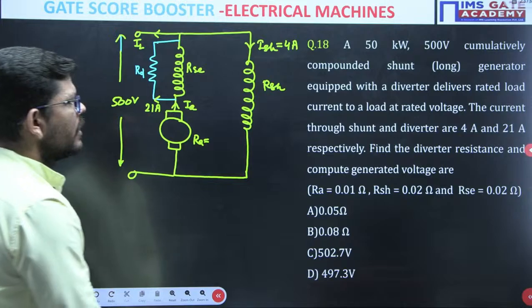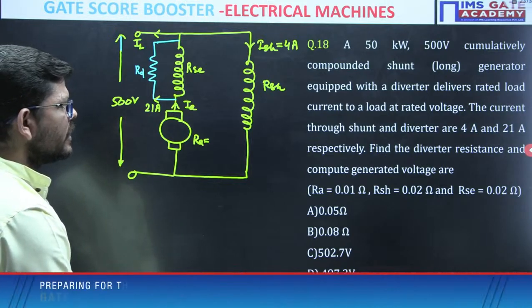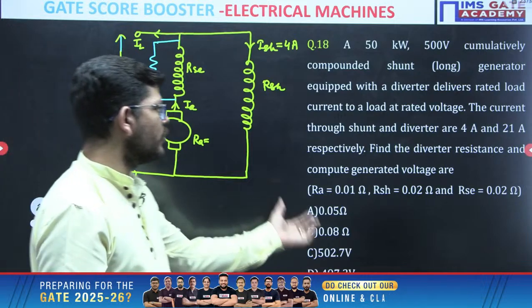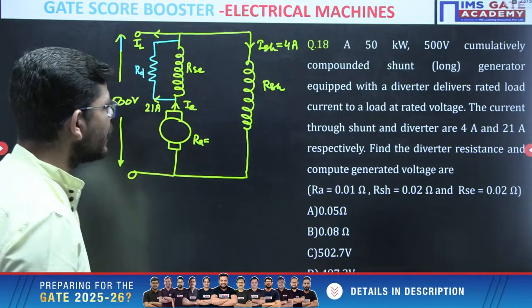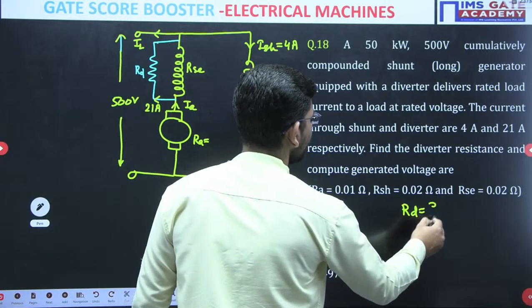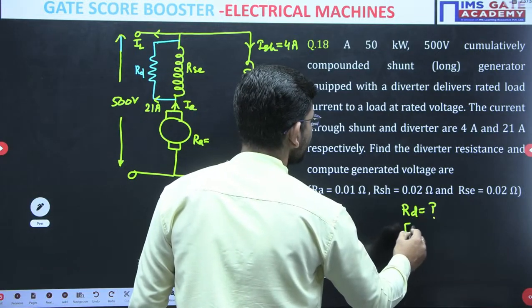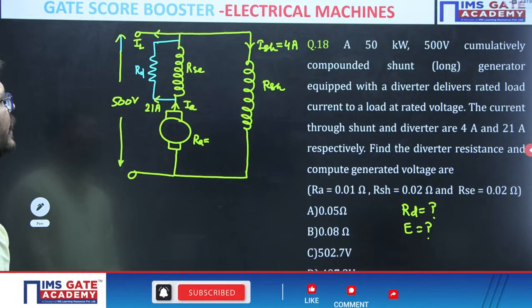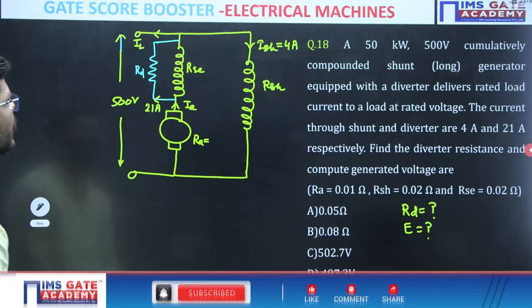Find the diverter resistance and compute the generated voltage. The diverter resistance value we have to find, and we have to find the generated voltage. The generated voltage requires the armature current. So can we get the armature current? Yes, we can get that.